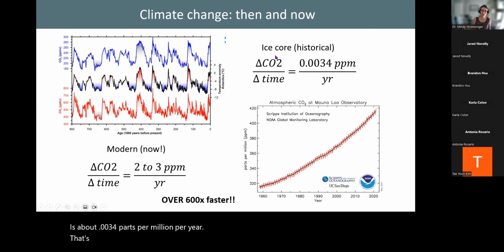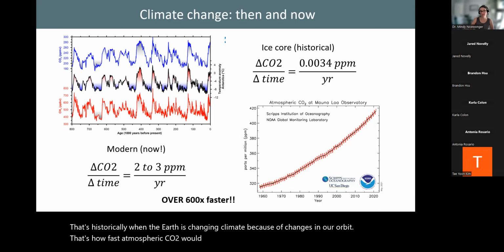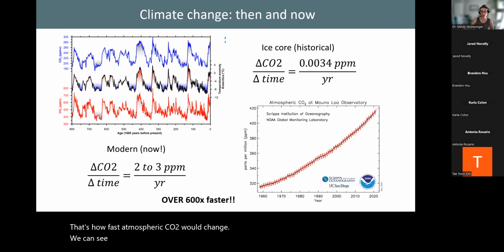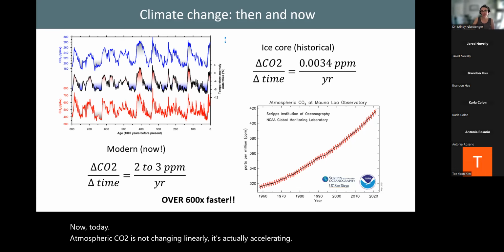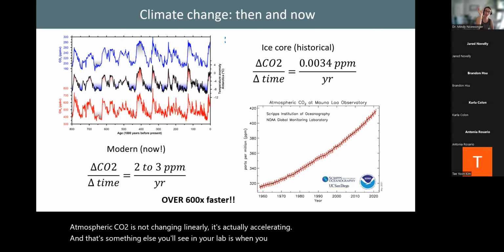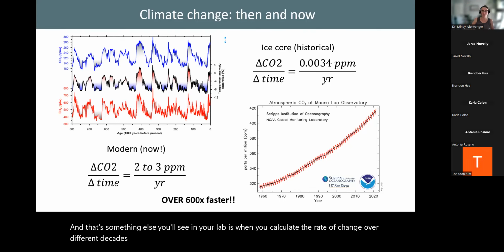That's historically. When the Earth is changing climate because of changes in our orbit, that's how fast atmospheric CO2 would change. We've measured it in the ice cores. Now today, atmospheric CO2 is not changing linearly, it's actually accelerating. And that's something else you'll see in your lab: when you calculate the rate of change over different decades, they're not the same.